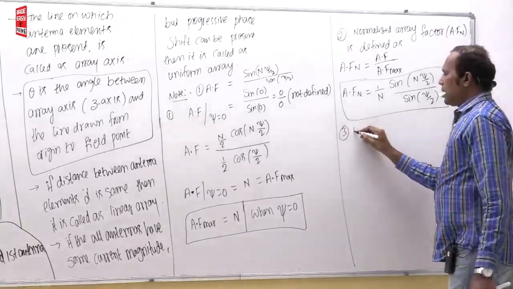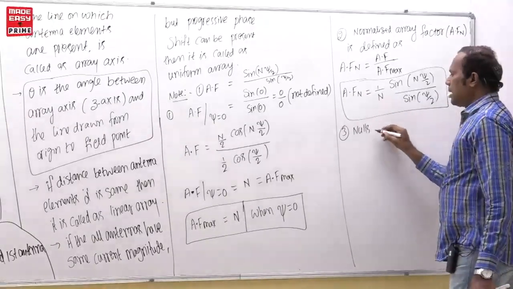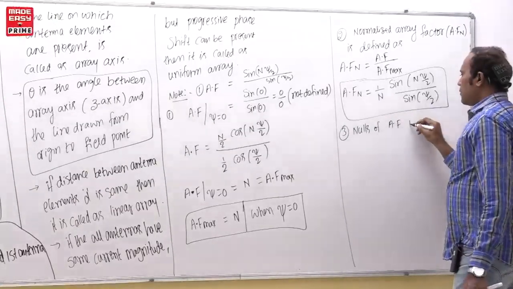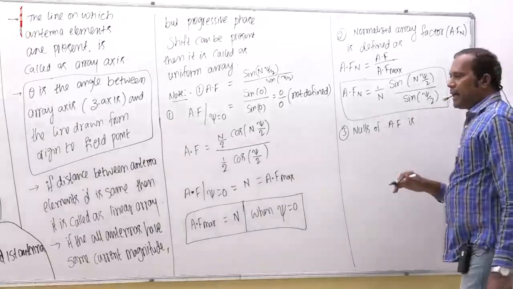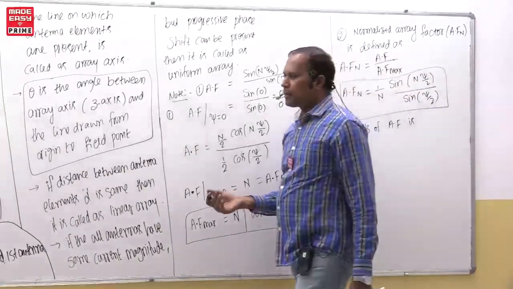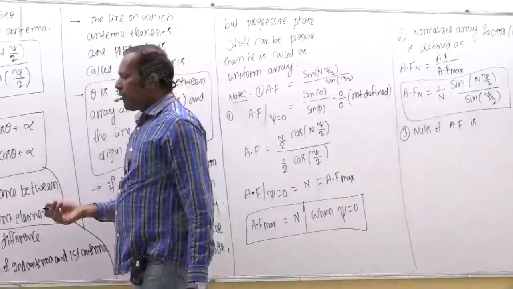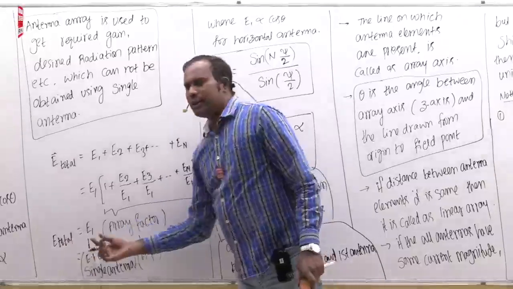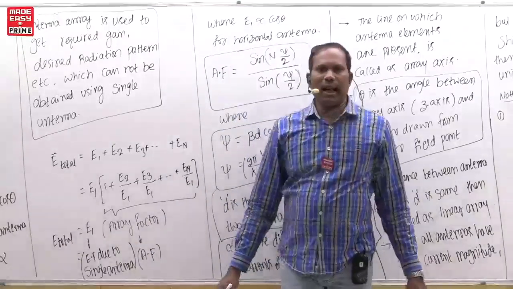So third one, nulls of array factor. My dear students, nulls of the array factor are nothing but nulls of the electric field. Null means 0. You can see here, students, if the array factor is 0 then the electric field is also 0. That 0 is called a null.